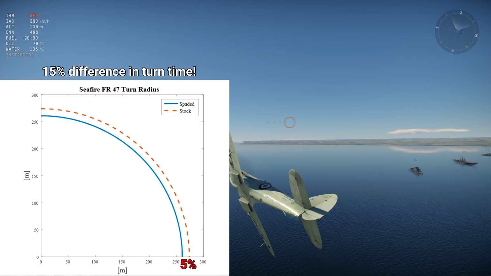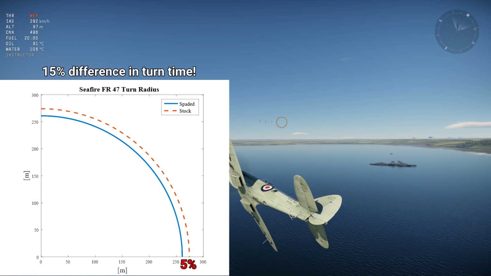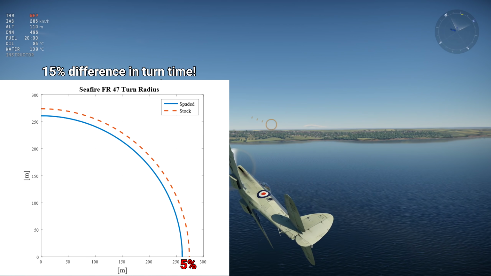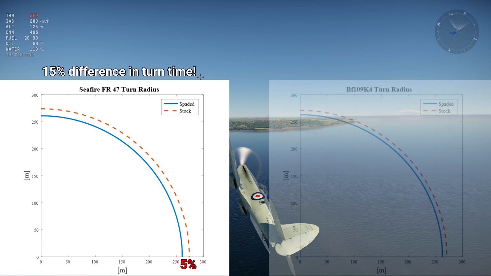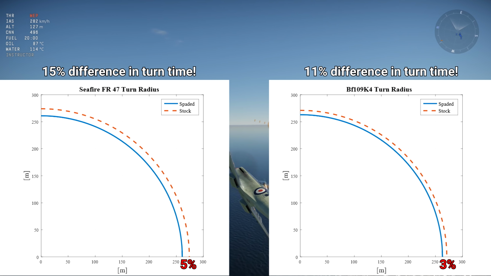The reason why there's a bigger difference in turn time when compared to turn radius is that only the mass reduction mods affect turn radius, while turn time is affected by power, drag, and mass reduction mods. The K4 turn radius graph shows a 3% tighter turn, as well as an 11% improvement in turn time for the spaded K4 compared to the stock K4. Once again, the Seafire wins the turn category by having the biggest difference between stock and spaded performance.